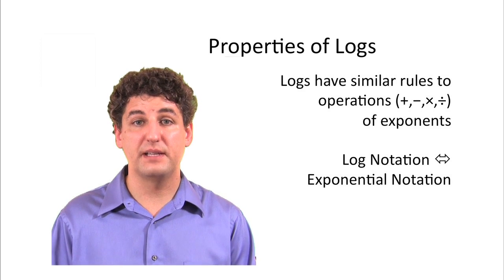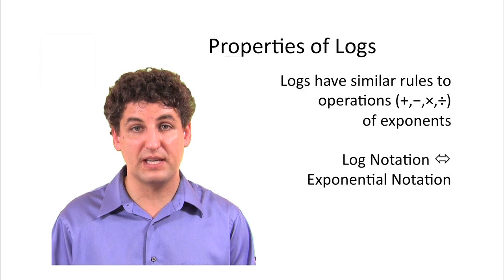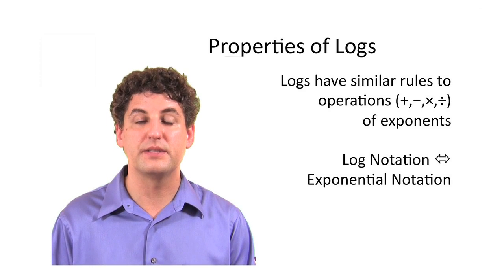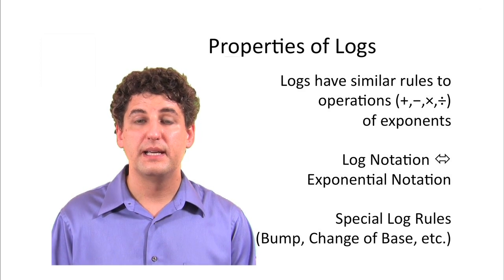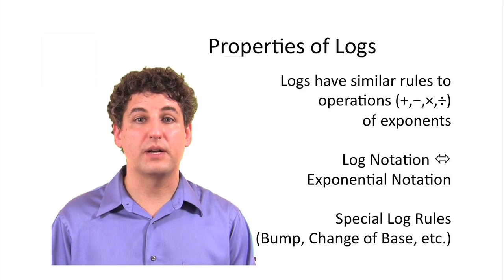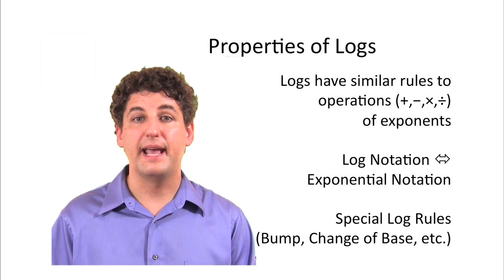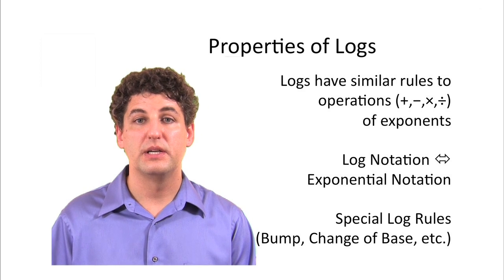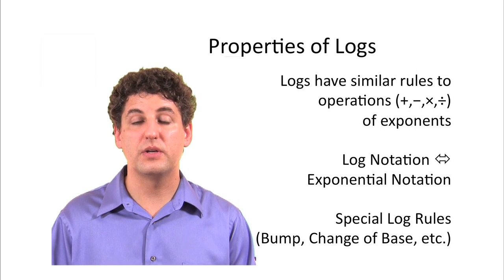The final thing I'm going to leave you with is that there are some additional tricky rules, because you're going to need to be fluent in converting between logarithmic notation and exponential notation. So pay attention to those times where you're flipping between the two.